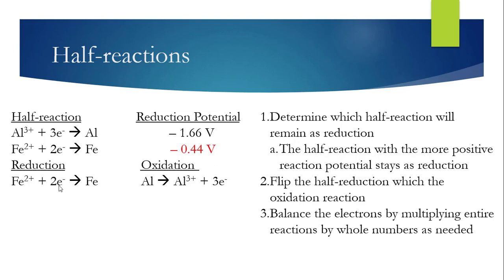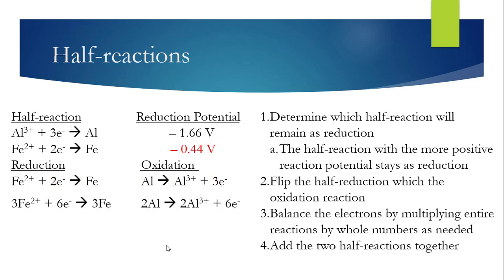We have 2 over here, we have 3 over here, but that means there's a common multiple of 6. So I'm going to multiply this by 3, and this side by 2. So it's going to look like this.